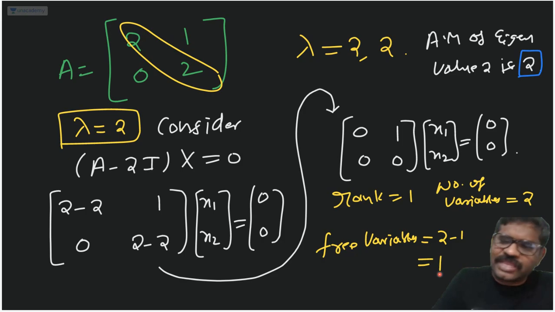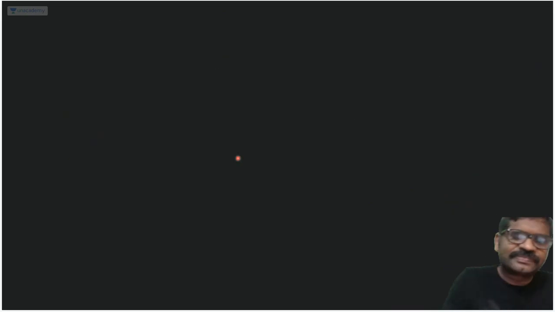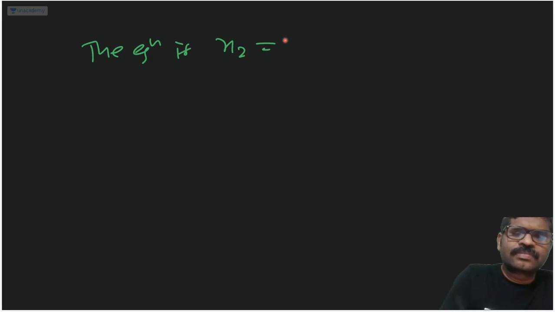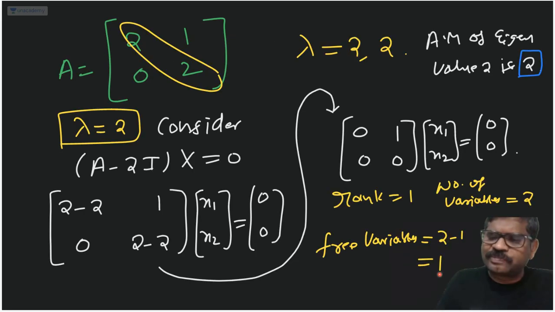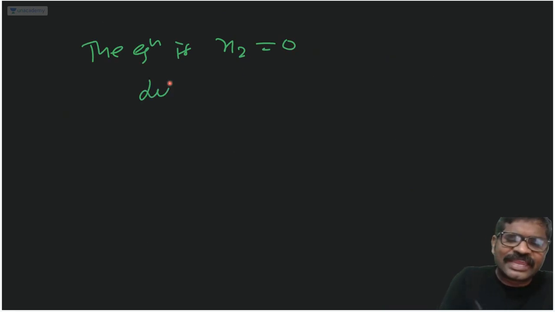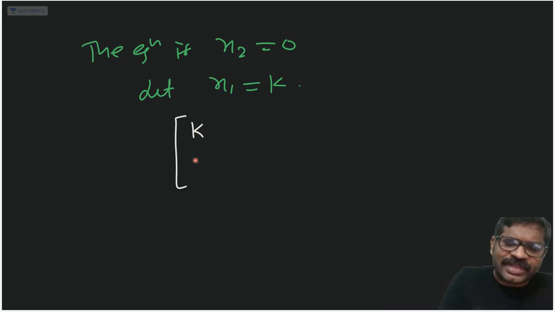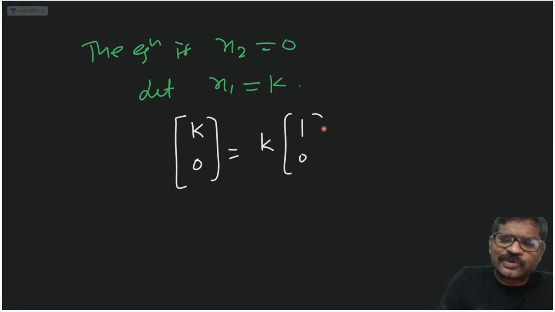Now the equation is x2 equal to 0. Let us take x1 equal to k. Therefore, the eigenvector is k times (1, 0).